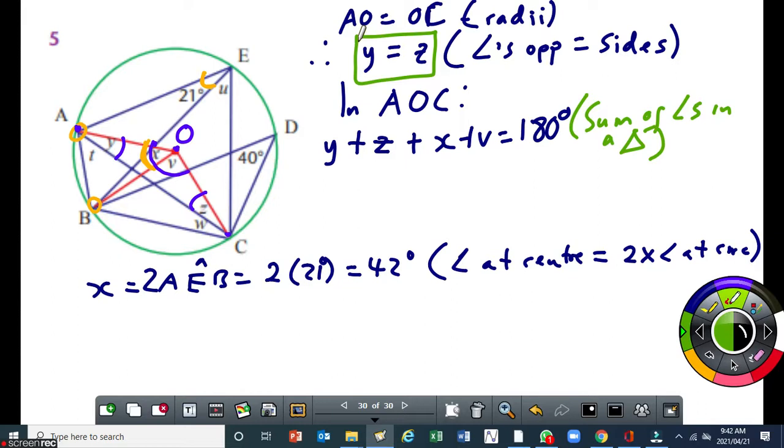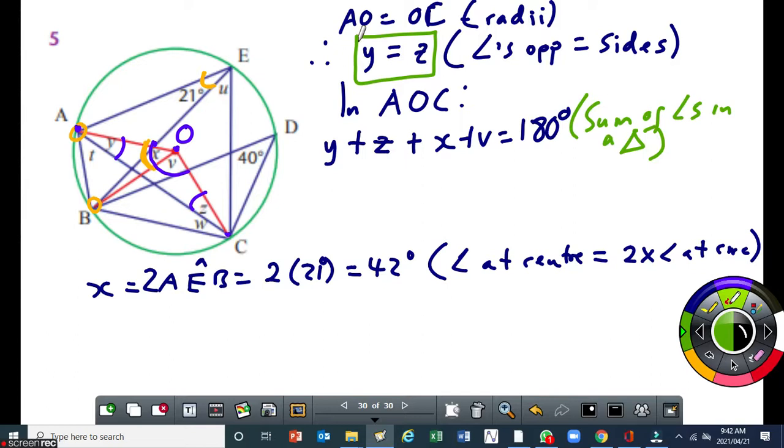But because y is equal to z, we are going to use the fact that y is equal to z to find y. If we find y, we will have found z, because the two are equal.